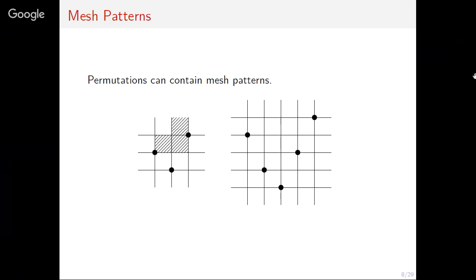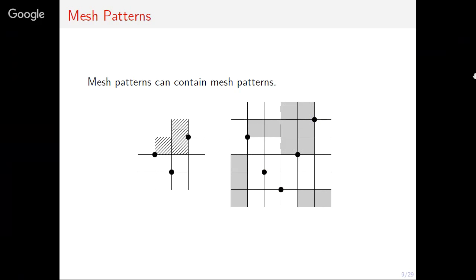So for example, this here is an occurrence of the classical permutation pattern, the points 213. But if you look at the areas corresponding to the shaded areas in the mesh pattern, there is a point there. So this is not an occurrence of the mesh pattern, but it is an occurrence of the classical pattern.